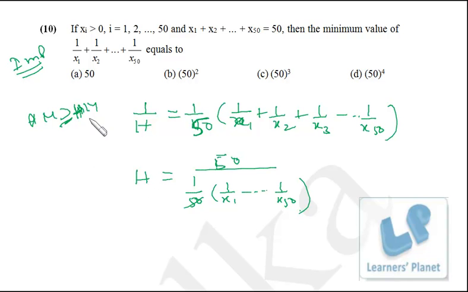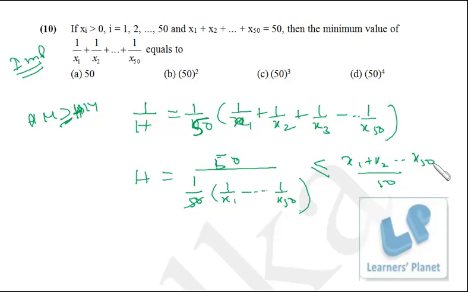Now harmonic mean is less than or equal to arithmetic mean. The arithmetic mean of all these numbers will be x1 plus x2 till x50 by 50, right?